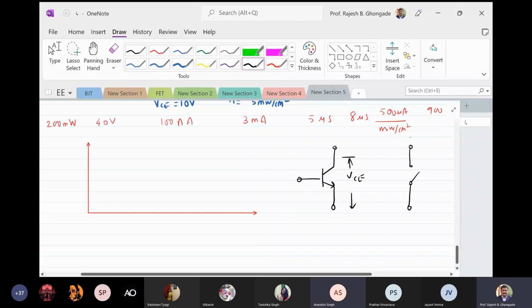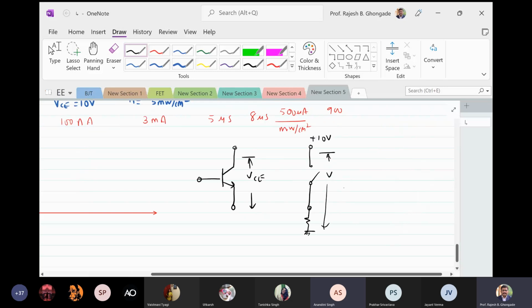If let us say I apply 10 volts here, of course there is some current here, there is some resistance here, and so on and so forth. Now, if I open the switch, this is the output, let us say V1 or voltage at this point. What will be the voltage at this point when the switch is open? If you measure voltage between these two terminals, or across the device, what will it be?